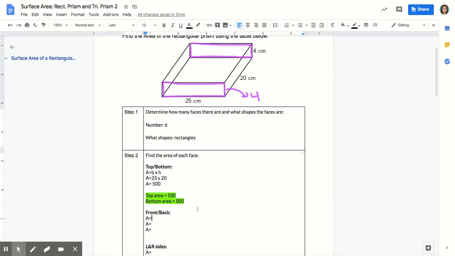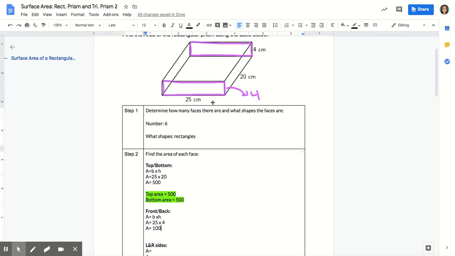So the front and back, again, is a rectangle, so it's base times height. Our area is going to be 25 as our base and 4 as our height. So 25 times 4. When we put 25 times 4 in a calculator, we're going to get 100. But that 100 is the area of just the front face.